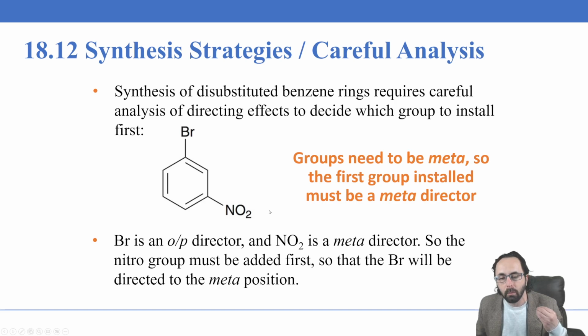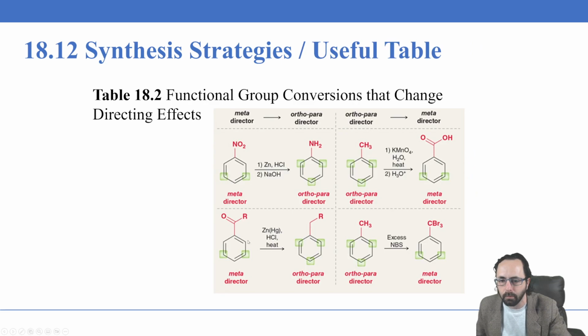So when we're synthesizing substituted benzene rings that are di-substituted or tri-substituted, we need to consider the activating, deactivating effects, and also the ortho, meta, para direction effects of each of these groups. This is a summary of how we would think of these considerations here.